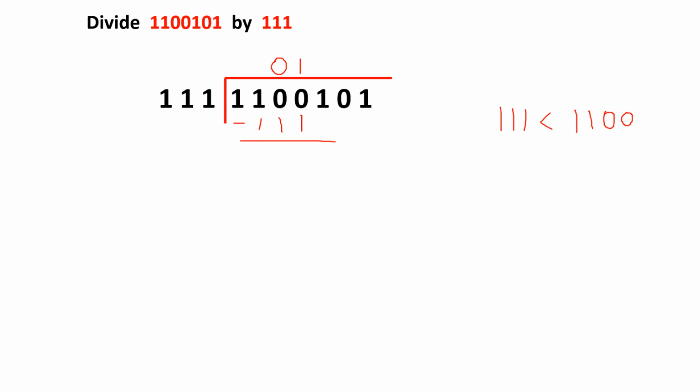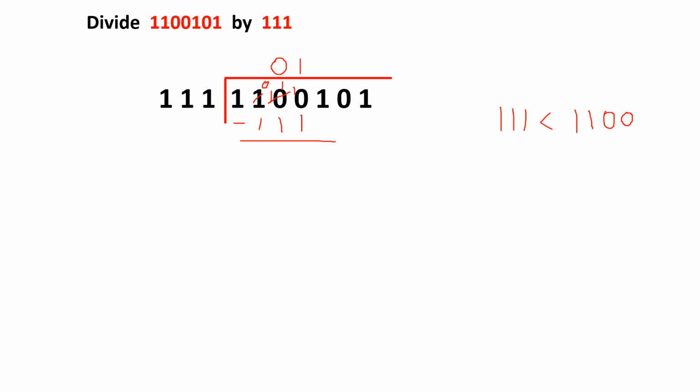When you subtract this, you can borrow. So this becomes 0. This becomes 10. This becomes 10. Again take 1 from here. So this becomes 1 and this becomes 10. So 10 minus 1 you get 1.